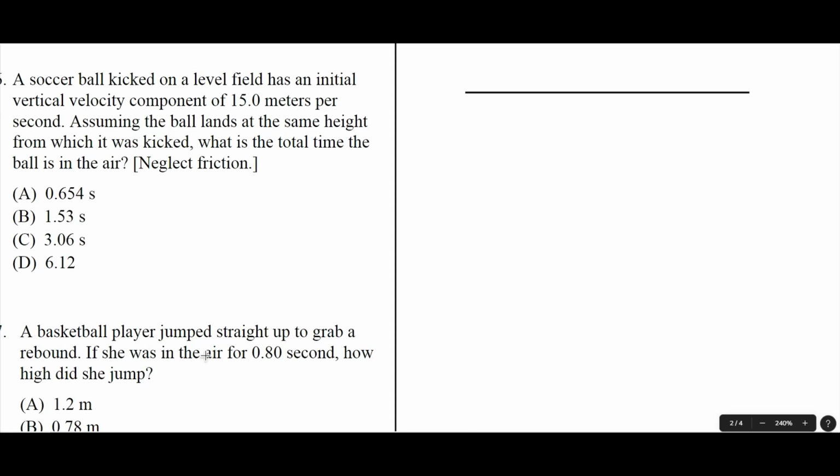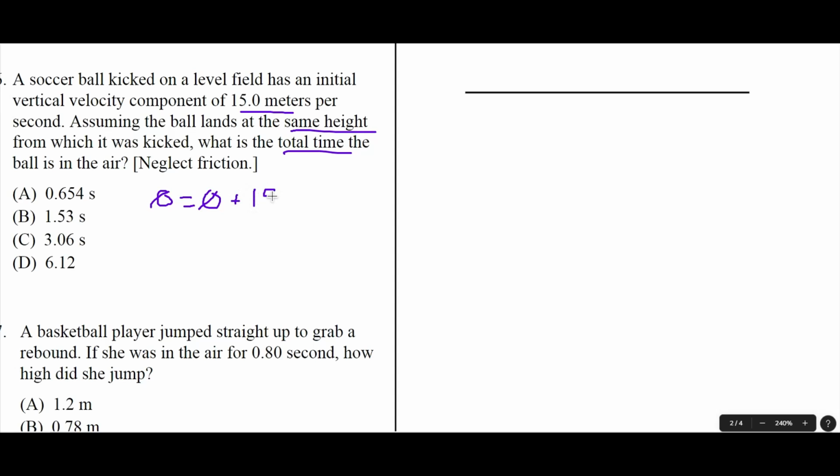All right, so for this question, they tell us the vertical component of the velocity, and they say that it lands at the same height, and they want the total time it's in the air. So what I'm going to do is use the knowing x equation. Both the initial and final positions are going to be 0.